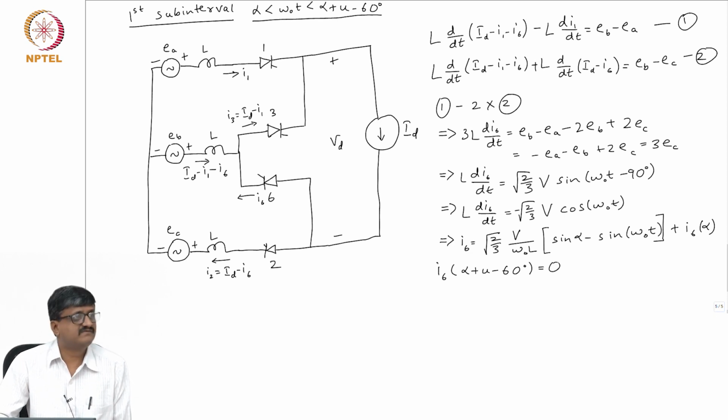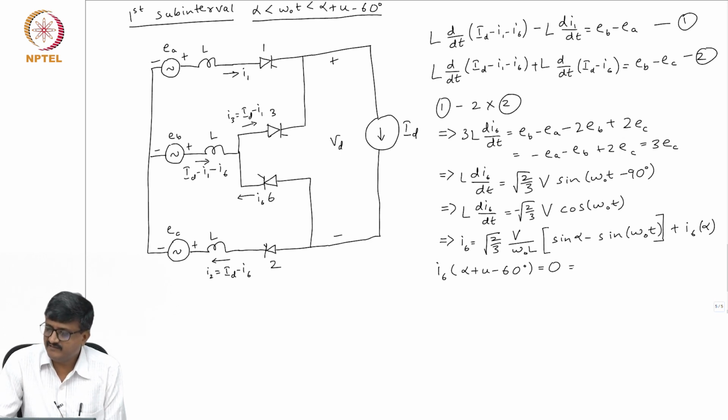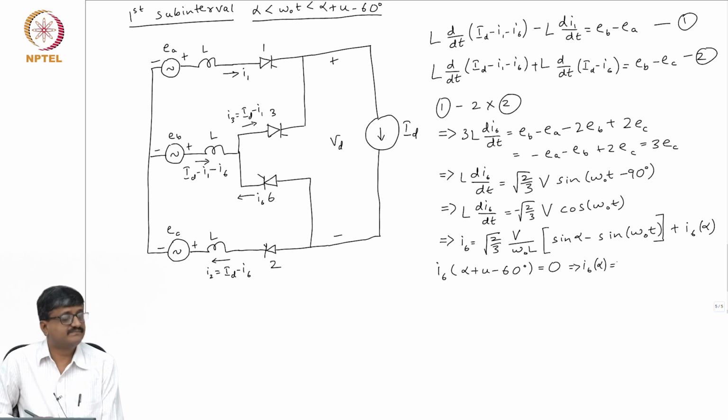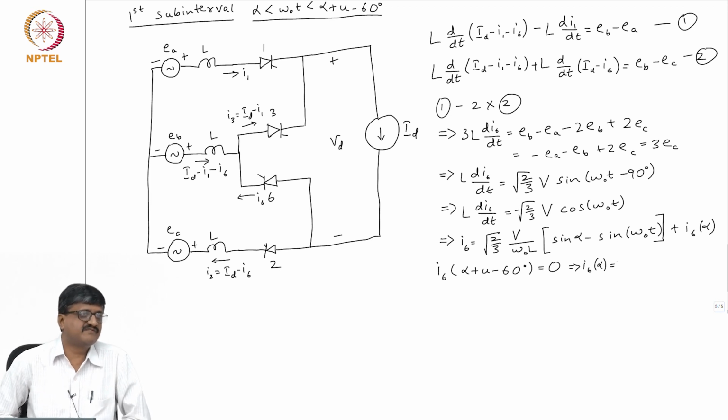So, why don't we put that? If I substitute omega ot equal to alpha plus u minus 60 degree in the previous equation, I get left hand side 0. So, that will give me the expression for I6 of alpha. Once you get I6 of alpha, substitute in the previous equation, you get the expression for I6.